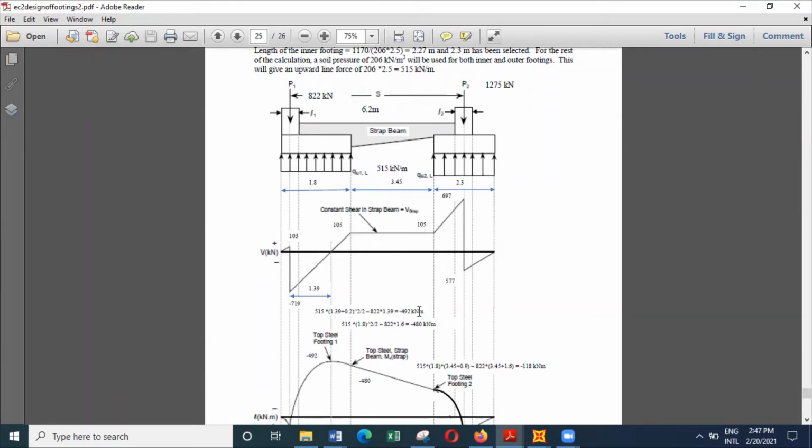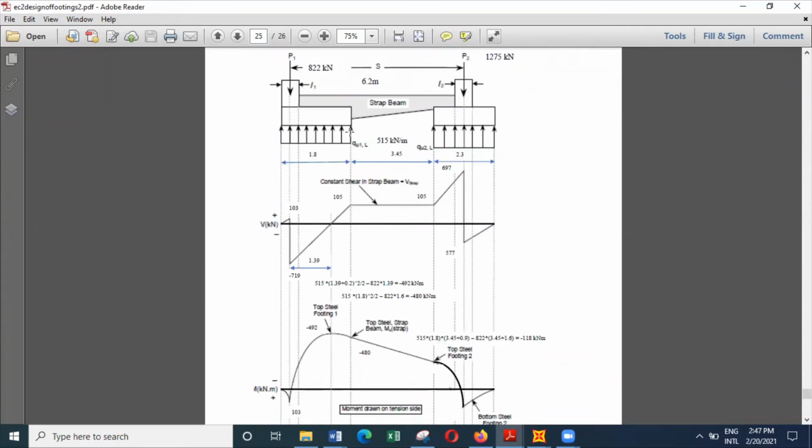So when you do that, you get minus 192. And then similarly, you can take moments about this point, which is equal to 515 into 1.8 squared divided by 2 minus 822 into 1.6. And as given here, you can see the bending moment here is 480.